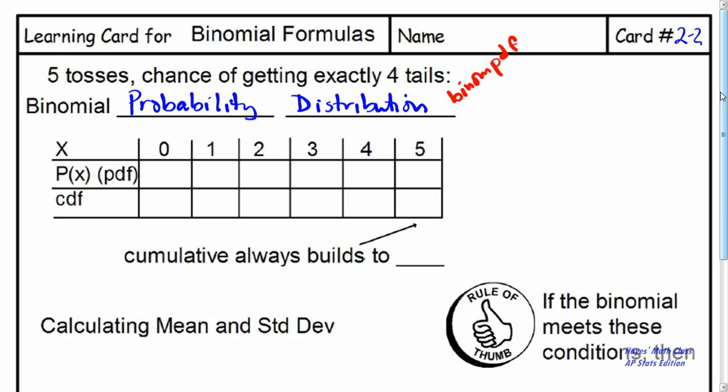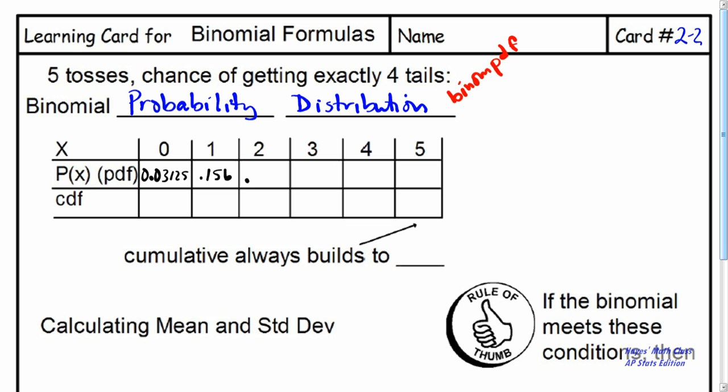So the chances of getting 0 tails out of 5 tosses is 0.03125. The chances of getting exactly 1 tail is 0.156.